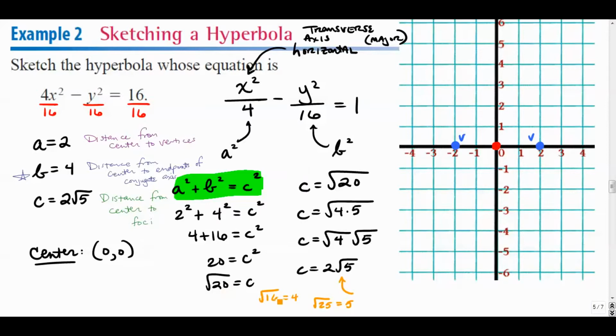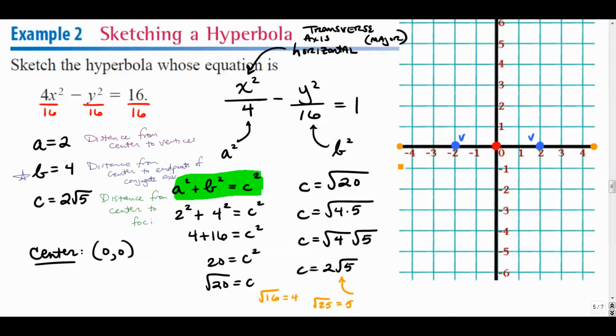So 20 is 4 units away from 16 and 5 away from 25. So the square root of 20 is between 4 and 5, and it's slightly closer to 4. So I'll say it's about 4.4. I literally don't know what it is, but I'm going to guess it's around 4.4. If I'm wrong, then so be it. But I'm going to put that right there and right there.